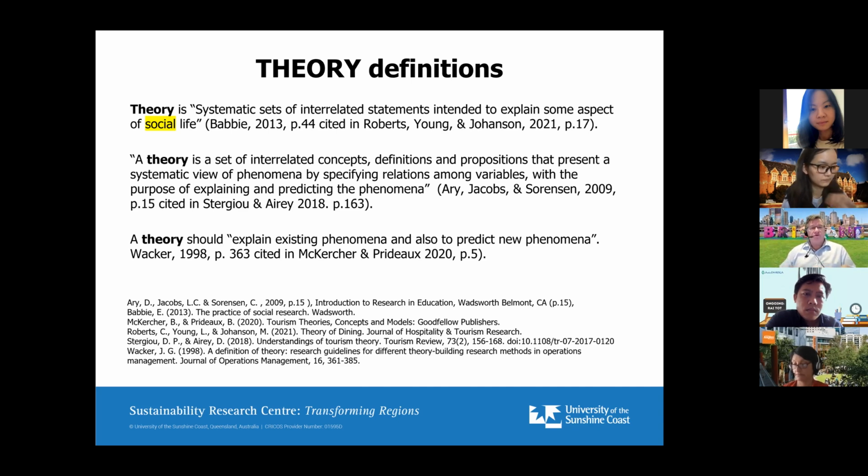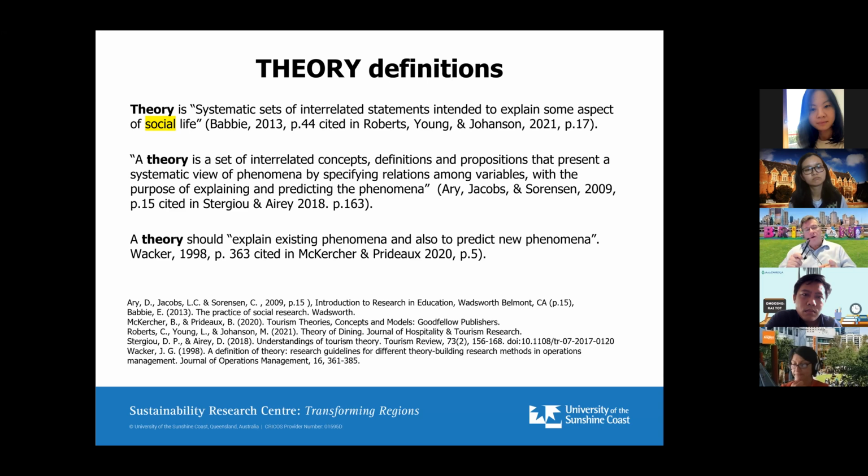So many people, for example, might quote a guy called Babbie, who wrote a book called The Practice of Social Research, 2013. He talks about theory as a systematic set of interrelated statements intended to explain some aspect of social life. Interesting.